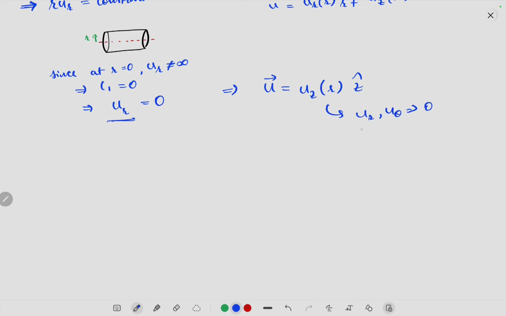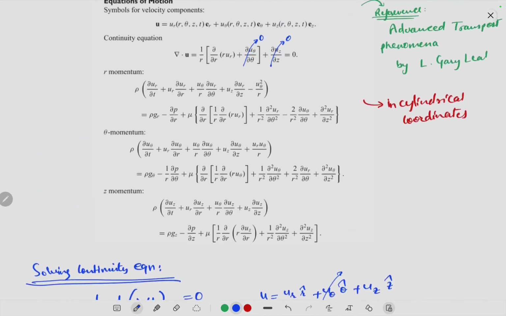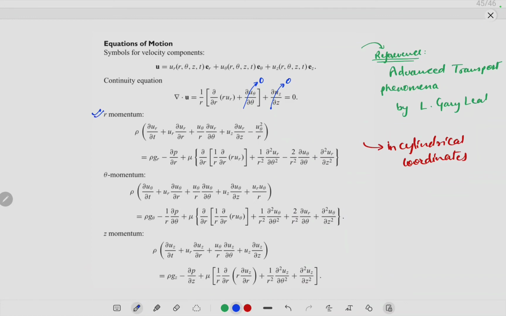So we'll first solve the momentum equations containing u_r and u_theta terms. So let's first solve the r momentum equation, which is this. Now since it's a steady flow, this will be 0. Then again u_r is 0, so this will be 0, this will be 0, and this will be 0, and u_theta is 0, so this will also be 0.